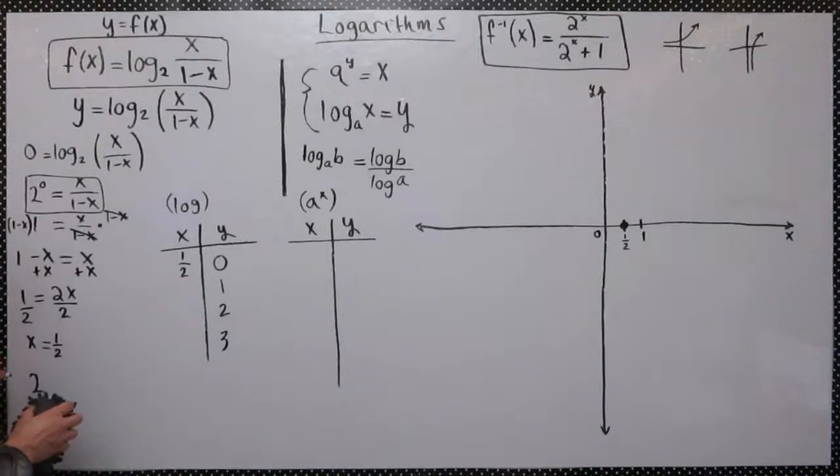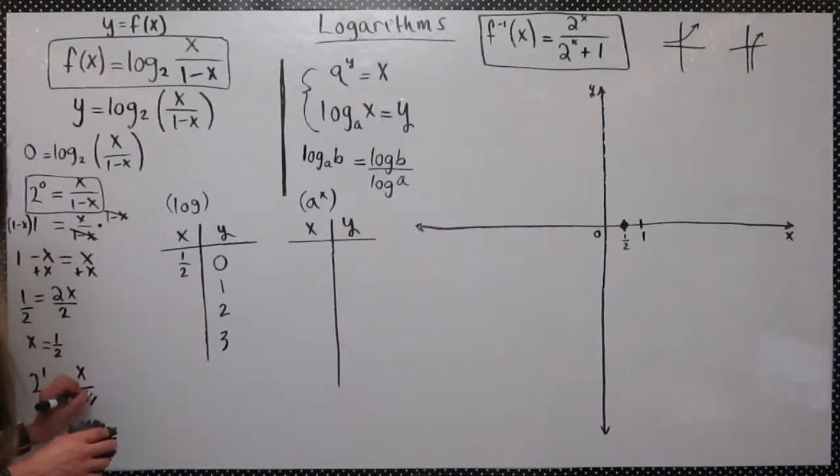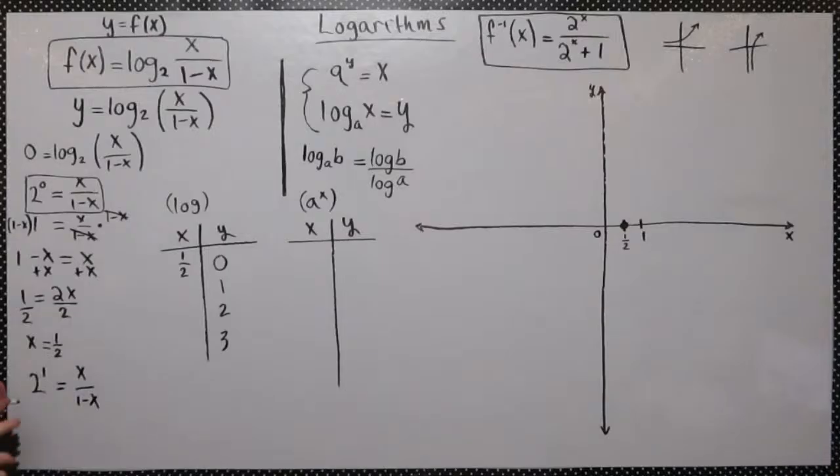So we have 2 to the 1 equals x over 1 minus x. So 1 minus x times 1 minus x, that is 2 times 1 is 2, 2 times x is negative 2x, and that equals x.